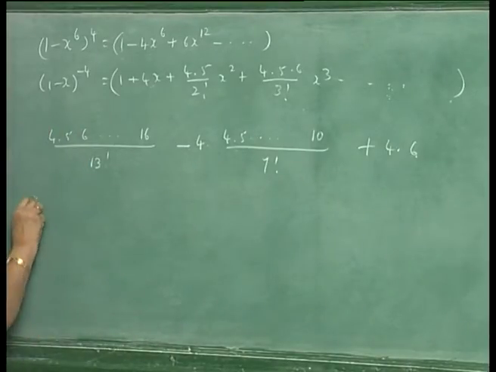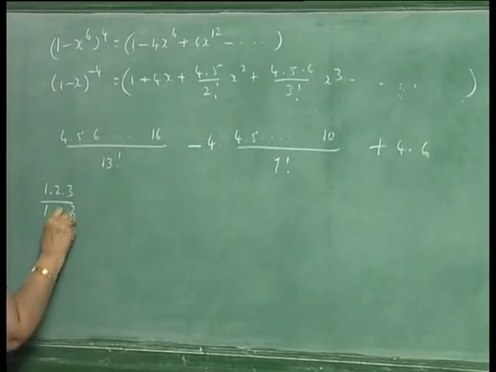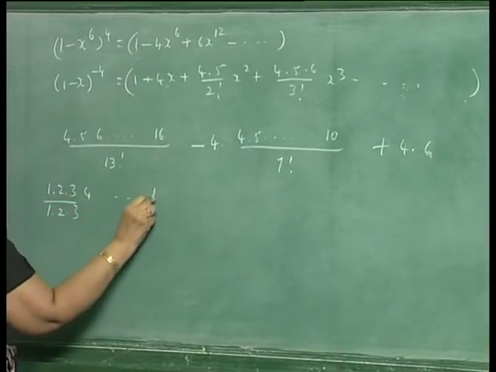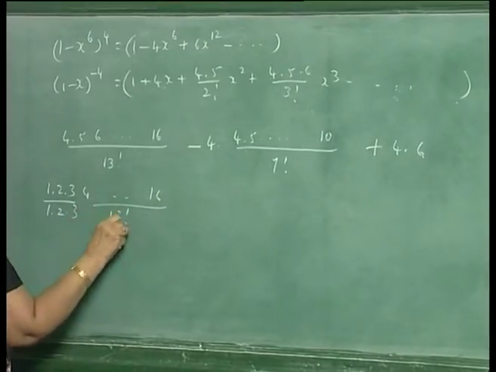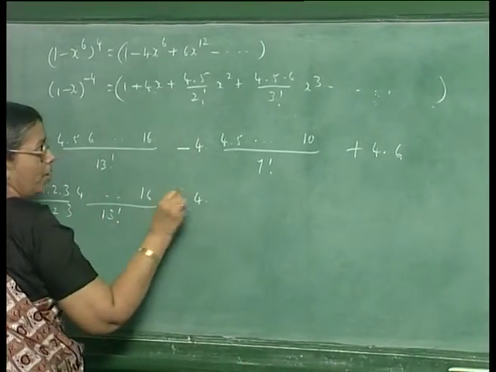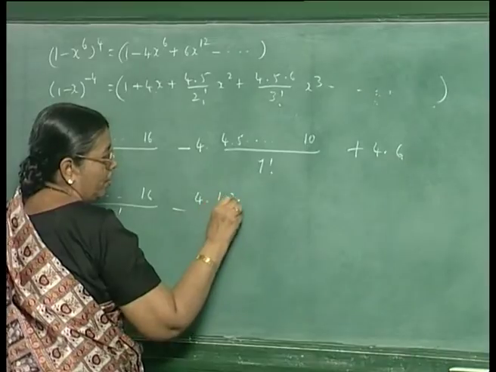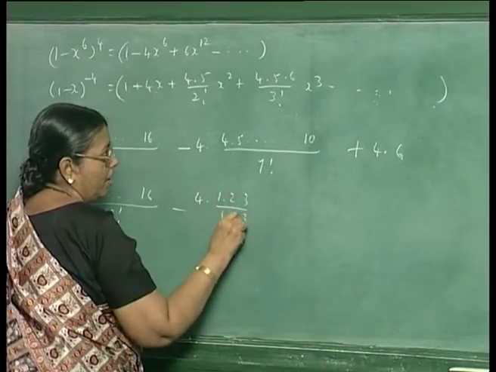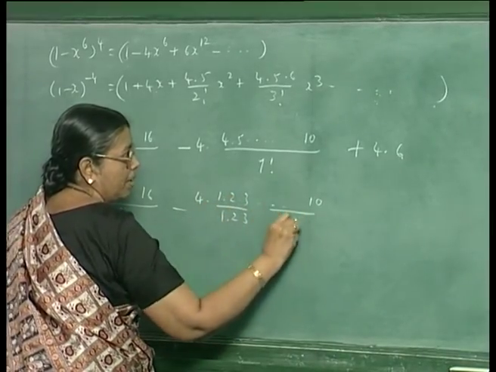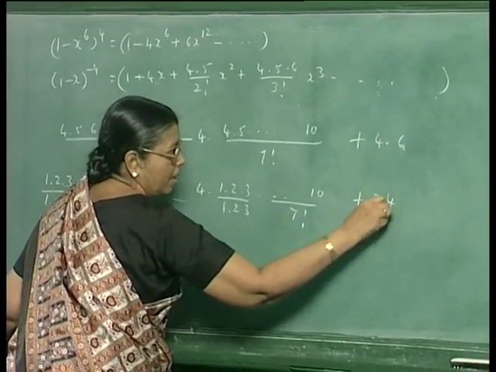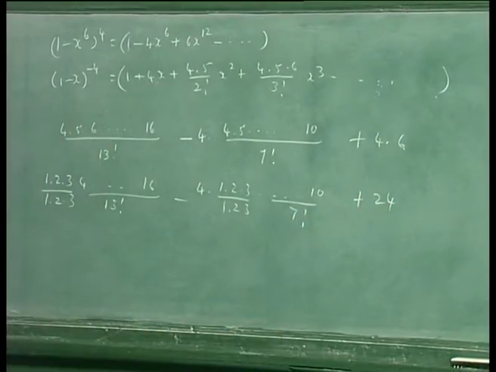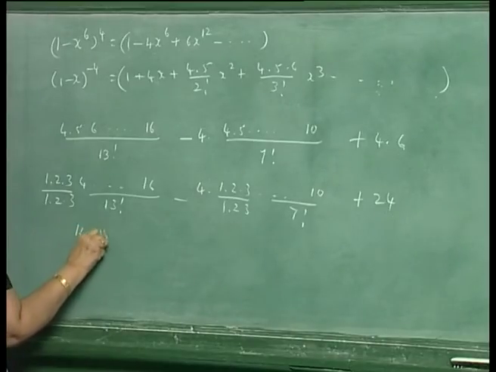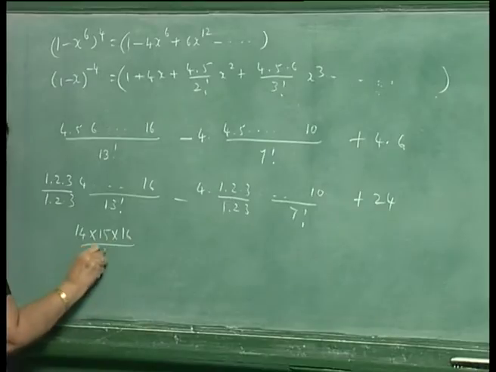So, if you simplify this, you can multiply and divide by 1 into 2 into 3: 4 into up to 16 by 13 factorial minus 4 times 1 into 2 into 3 up to 10 by 7 factorial plus 24. And this will be 14 into 15 into 16 by 6, 13 factorial will cancel off.